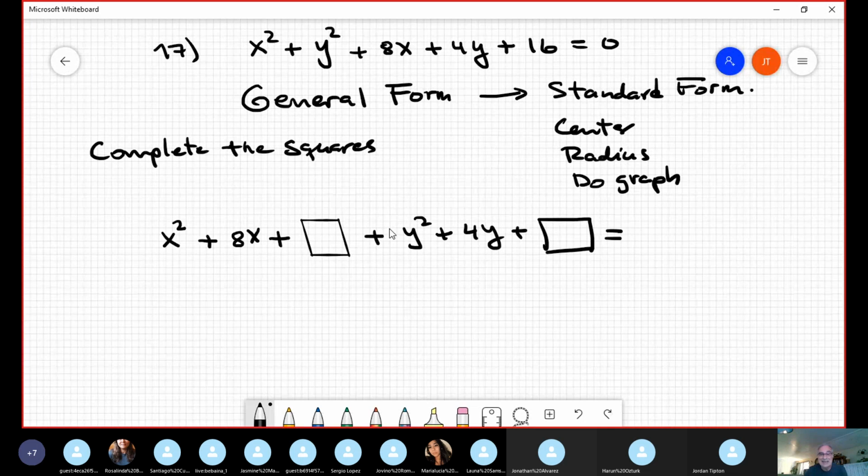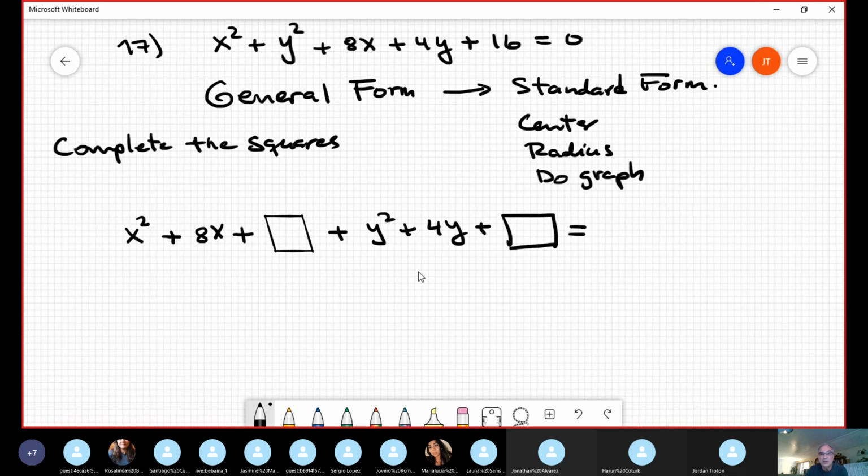On the right-hand side I copy minus 16. The minus 16 doesn't participate in this game, I move it to the right-hand side. And in order to keep the equilibrium of the equation, the artificial numbers introduced to complete the square, I put on the other side.